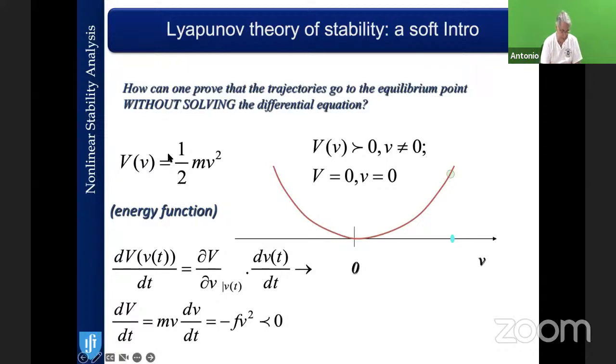Is the Lyapunov function always an energy function? No. If you are dealing with chemical process or population dynamics, then maybe there's nothing to do with energy. But you seek inspiration from mechanical systems. And then building candidate Lyapunov functions can be an art.